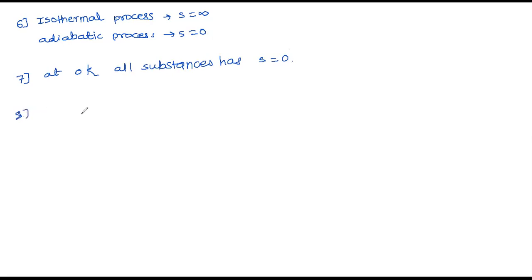Next note point: high specific heat, bad conductors of heat. Okay, जिसको भी specific heat is more, they are bad conductors of heat. For example, water is a bad conductor of heat, right?